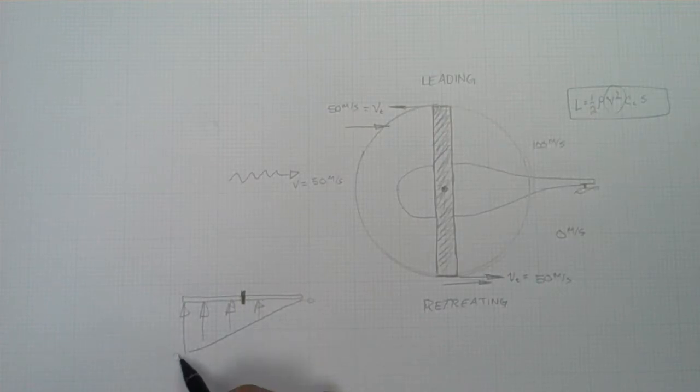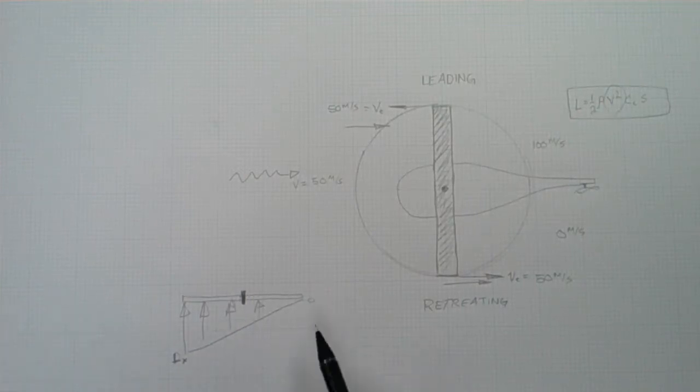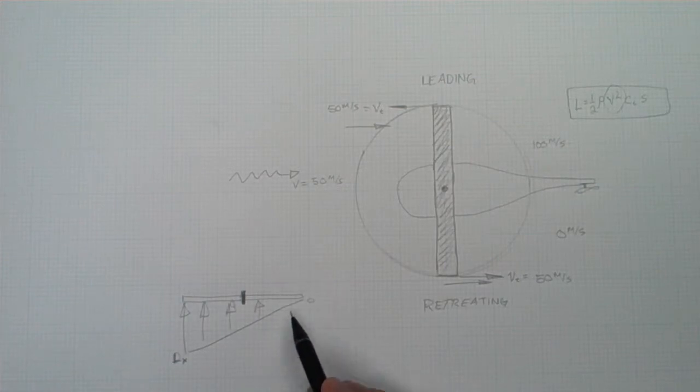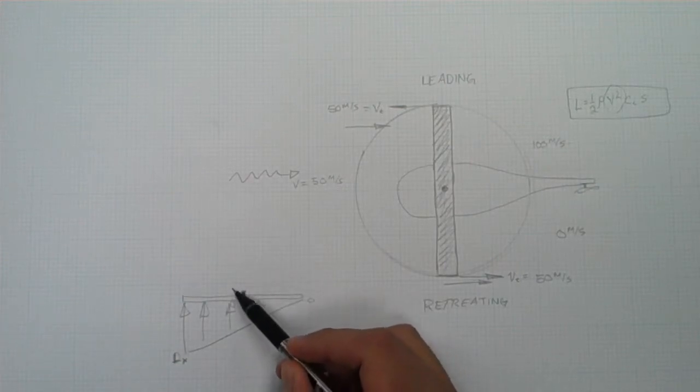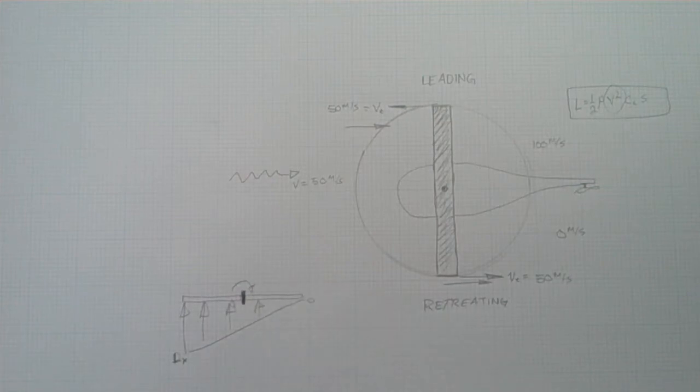So maybe I'll just call this lift X. On the leading side, it's apparent that there's a lot of lift, generating a lot of thrust. And since there's not nearly as much on the opposite, retreating side, there's going to be a moment created here. And that in turn would cause the helicopter in forward flight to twist or roll and crash.